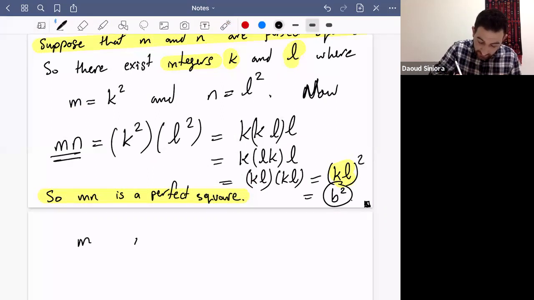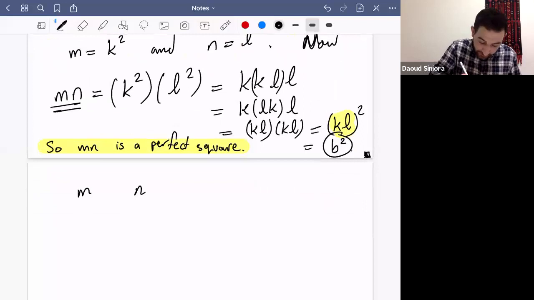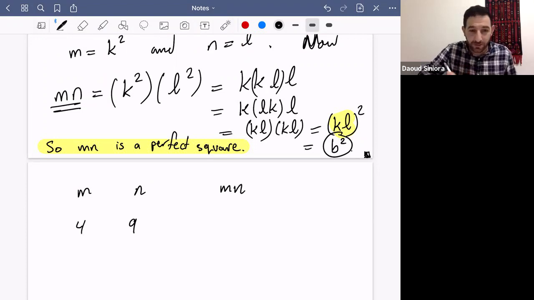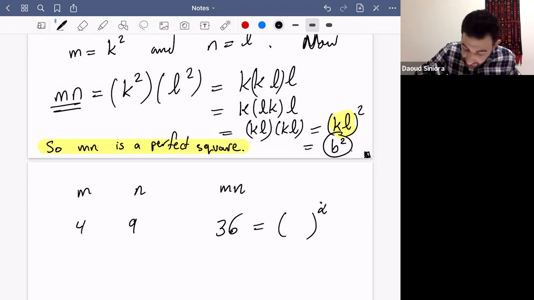Let's take a quick example of this. So here is m, here is n. For example, 4 is a perfect square, 9 is a perfect square. Then what is the product? 4 times 9 is 36, which is a perfect square. Why is 36 a perfect square? Because there is a k such that when we square it, we get 36.